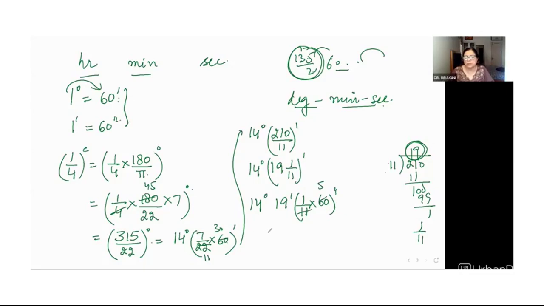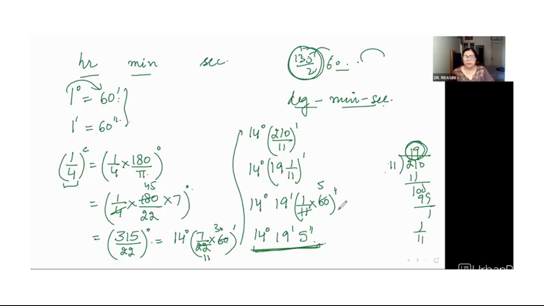So we get 14 degrees, 19 minutes and 5 seconds, the best possible value we can solve up to. So the value of 1 by 4 radians in degrees is 14 degrees, 19 minutes and 5 seconds, right?